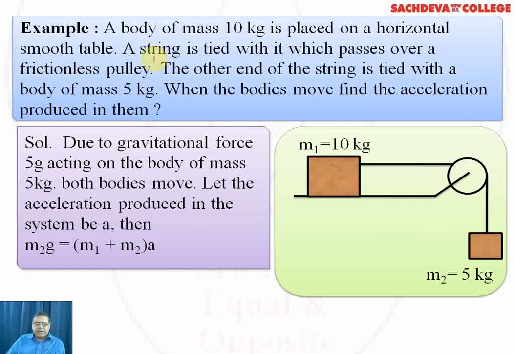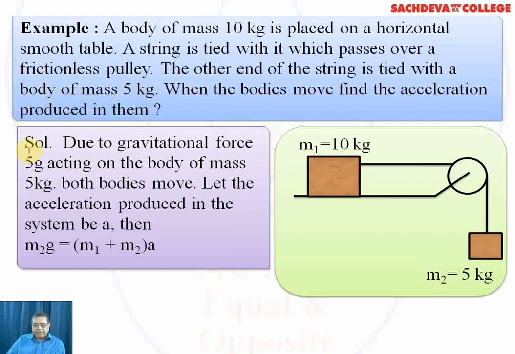Now our statement is that the body of mass 10 kg is placed on a horizontal smooth table as shown in the figure. A string is tied to it which passes over a frictionless pulley. The other end of the string is tied to a body of mass 5 kilograms. When the bodies move, we have to find the acceleration produced in them.